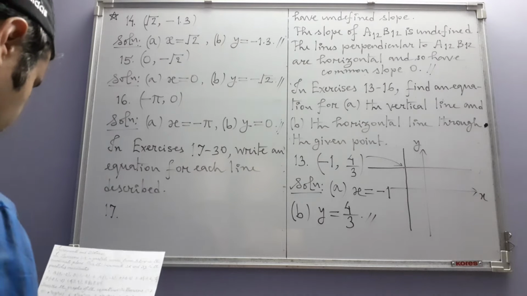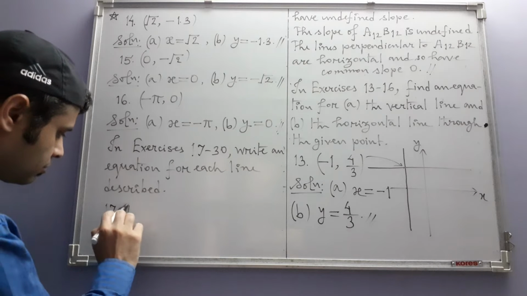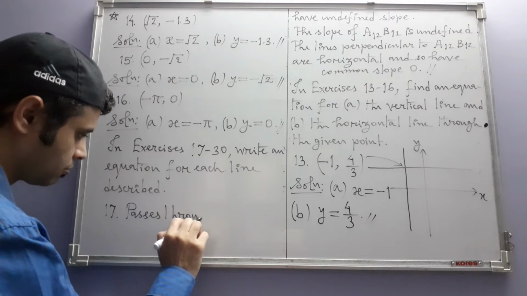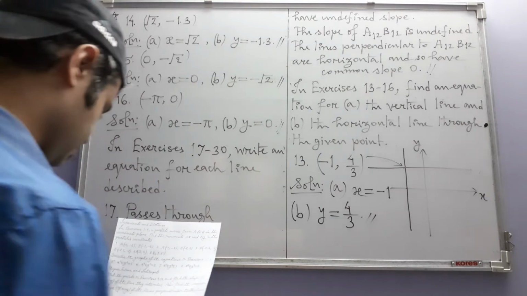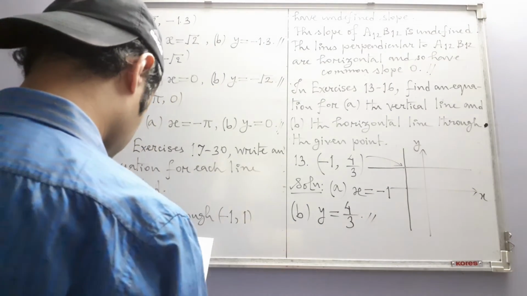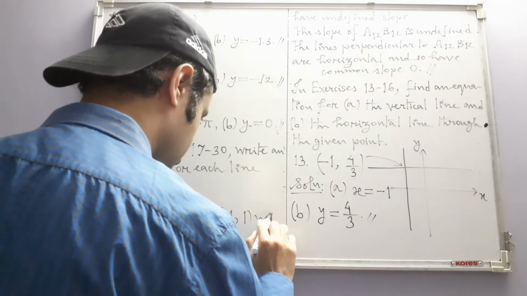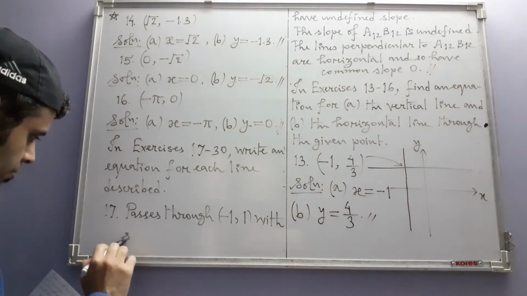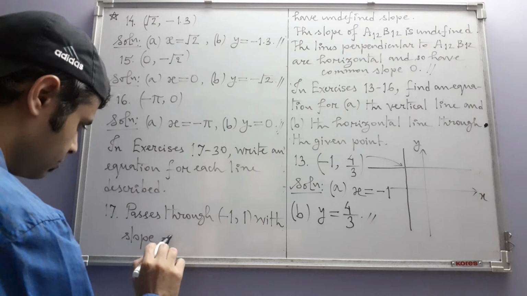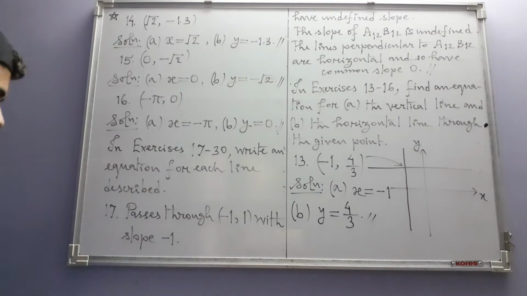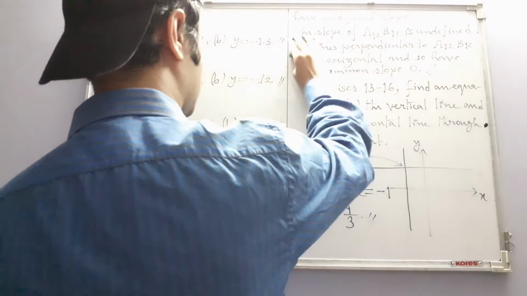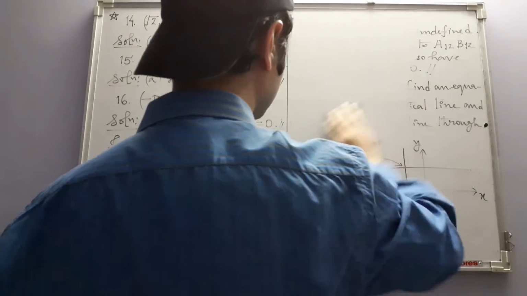The 17th one passes through -1, 1 with slope -1. So for such a line, we already know the type of the equation that we can write.